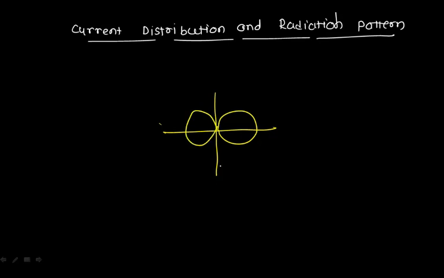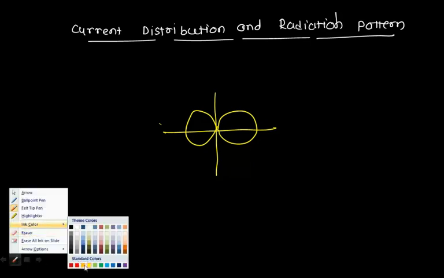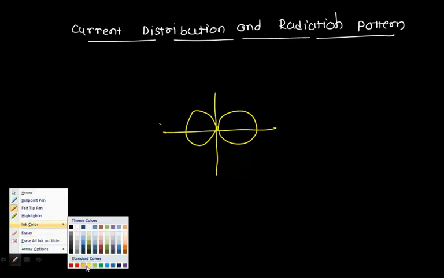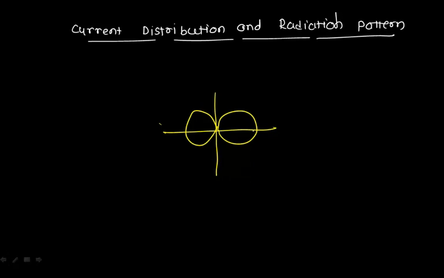But if you are folding that particular antenna, your folded dipole antenna current distribution will be like this. So I have folded that antenna and I have checked what kind of a distribution will be there on this antenna.